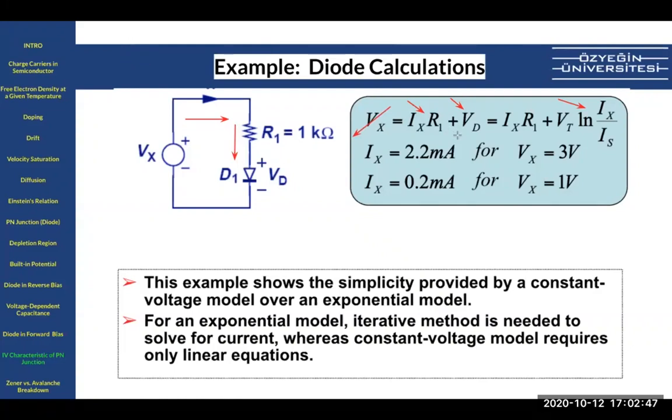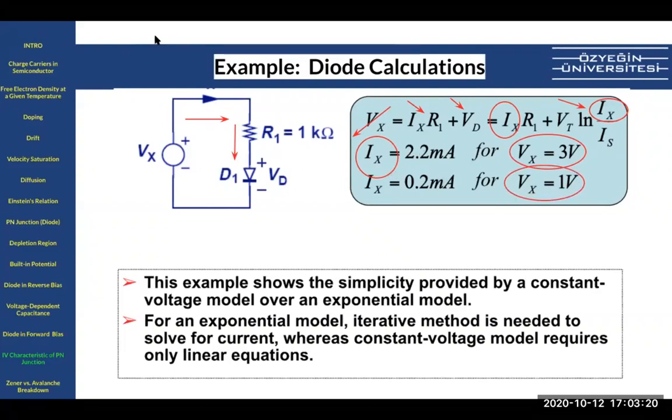Ix is easily found from this equation since we know the rest: the saturation current from the characteristic of the diode, R1, and the applied voltage source. It depends on the voltage, obviously. When Vx is 3 volts, we have an Ix of 2.2. When it is 1 volt, it's 0.2 milliamps.